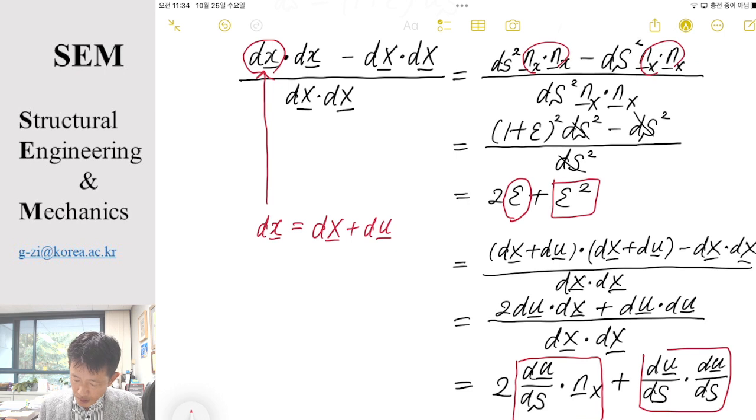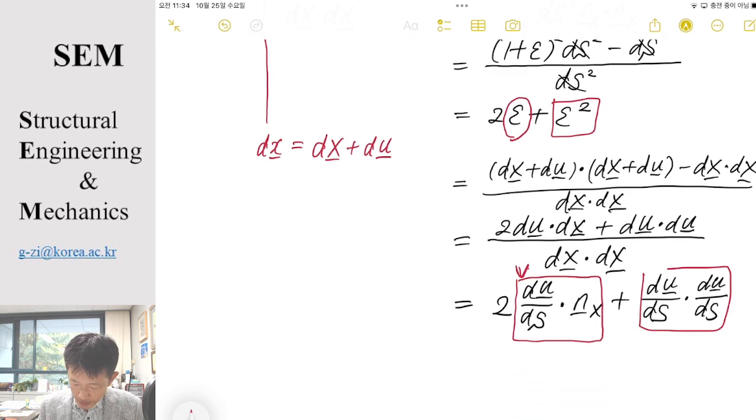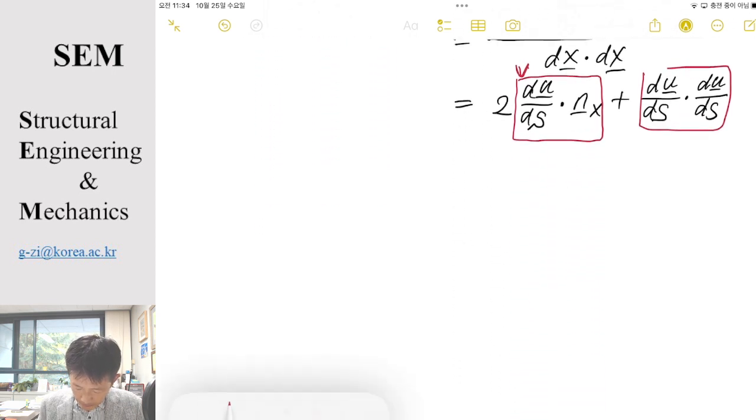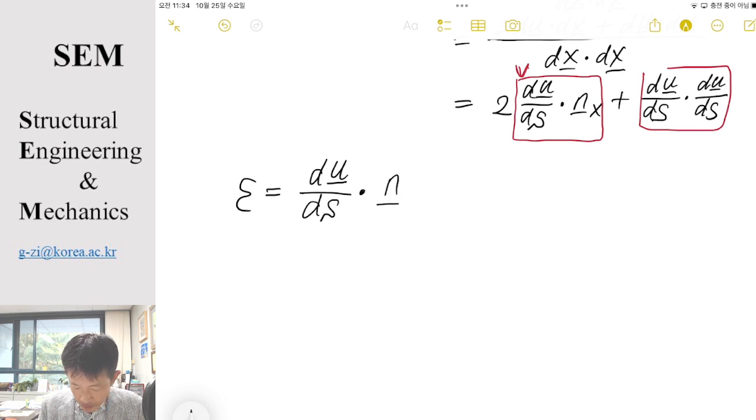Okay, so now let's talk about this term furthermore. The fraction of length change, the epsilon, is equal to the derivative of displacement with respect to initial length, and the dot product, the direction of the initial segment.